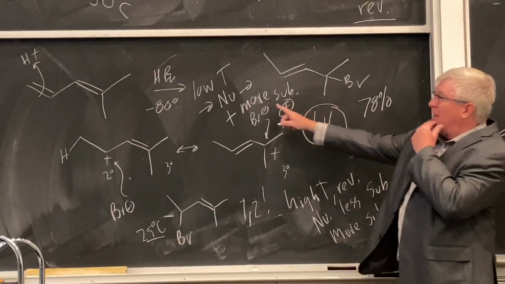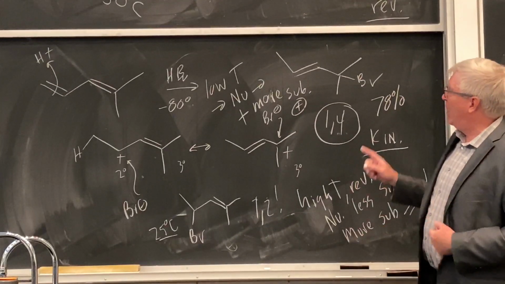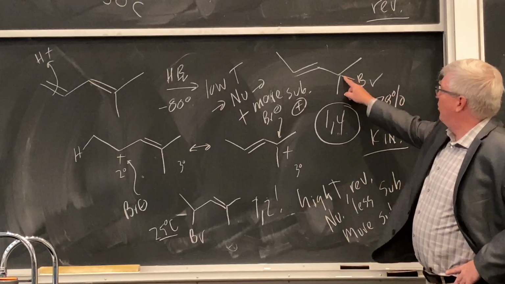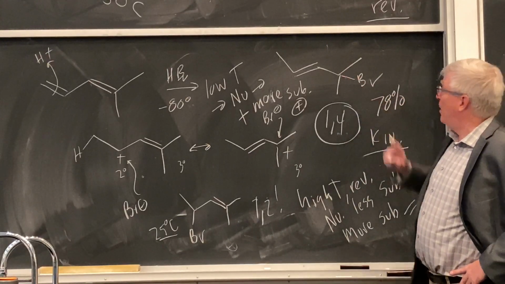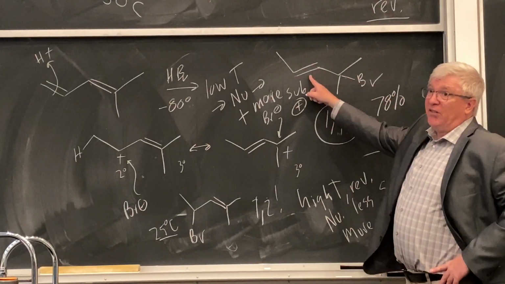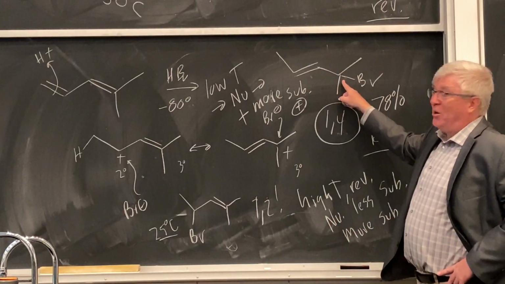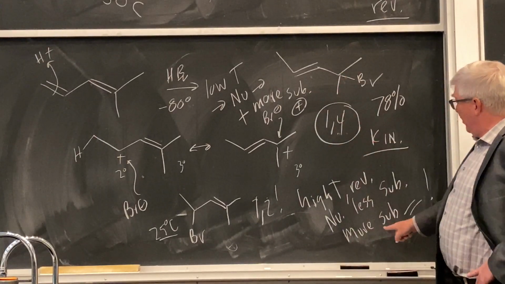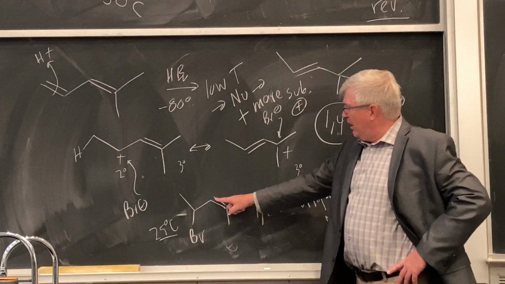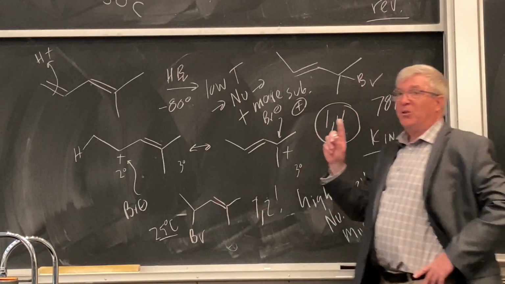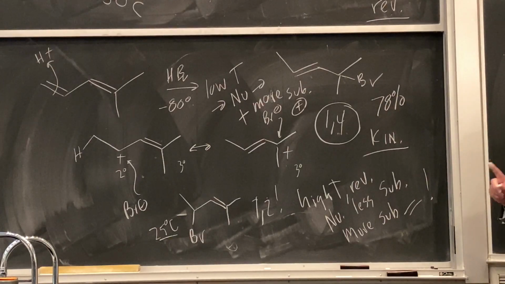Low temperature, the kinetic process, nucleophile always goes to the more substituted allylic cation spot, gives the less substituted alkene, because the rate determines things here at low temperature. Higher temperature, it's the more substituted alkene that's being formed under reversible conditions. So that's a tricky thing about this reaction.